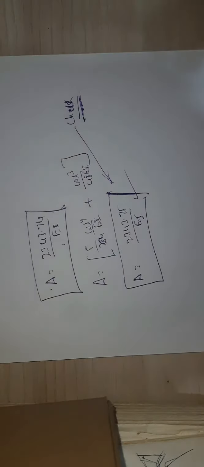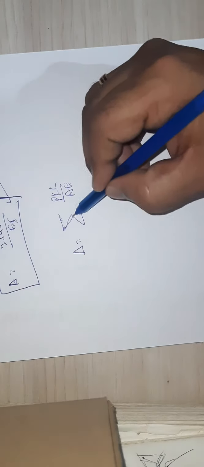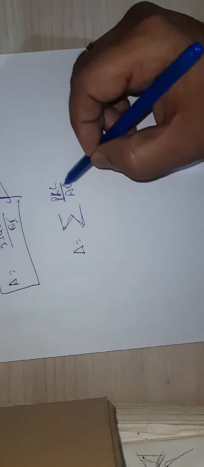So that is summation of PKL by AE here. This is delta. How we have to find out deflections in trusses? That equals to PKL by AE.